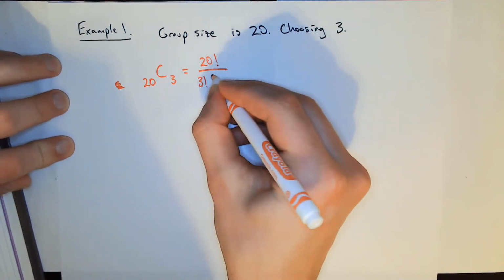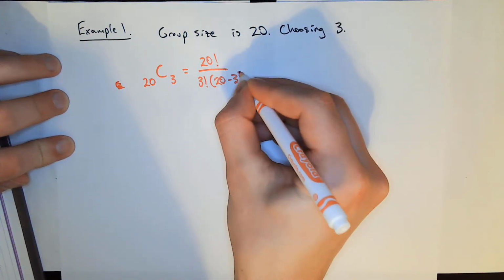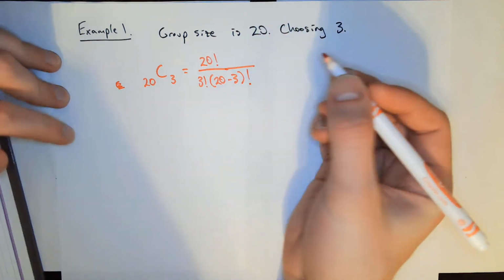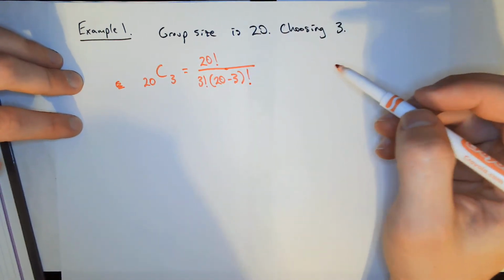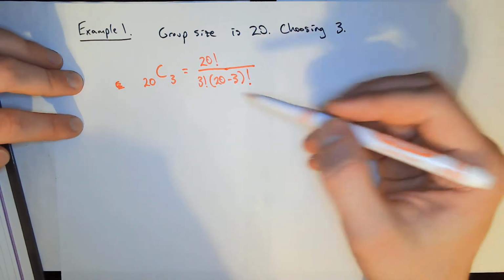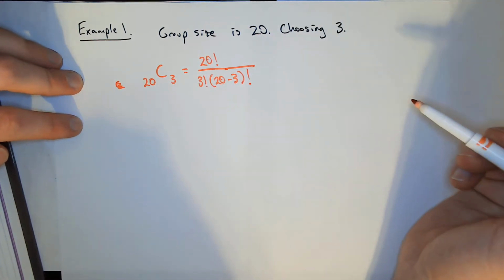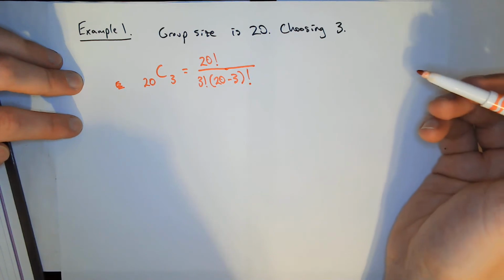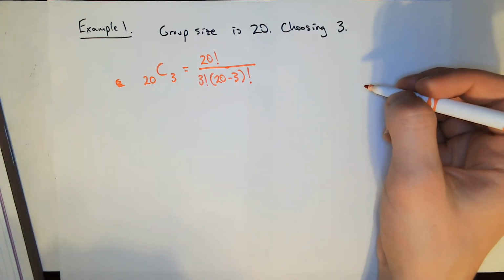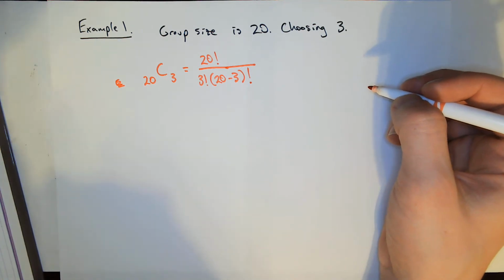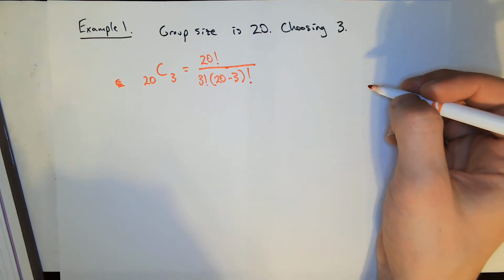I was asked to find a probability, so what am I doing with this? Well, this is going to be the size of my sample space. Just how many ways total are there to pick 3 people from a group of 20? That's what this question is answering. That is what needs to be in the denominator of our probability fraction.